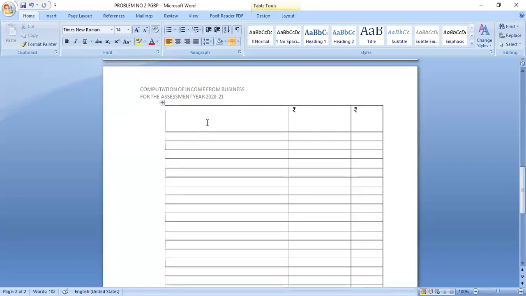Okay, so this again particulars. Second is rupees, third is rupees.